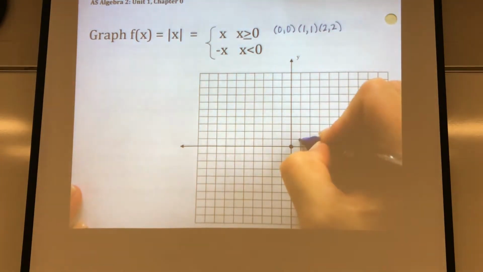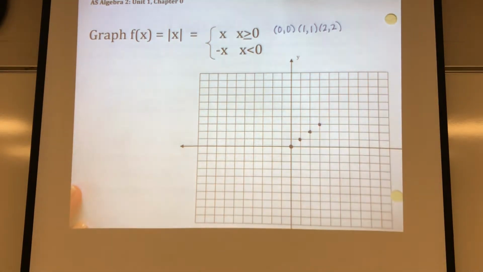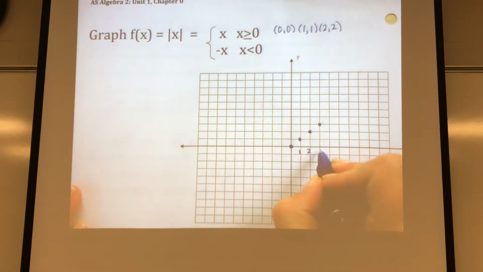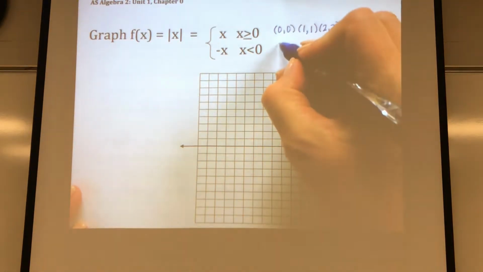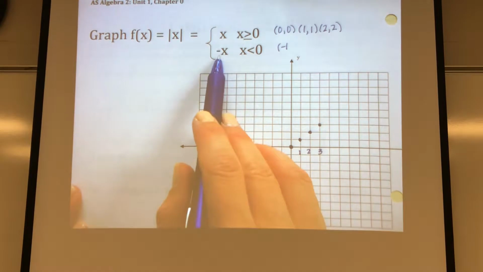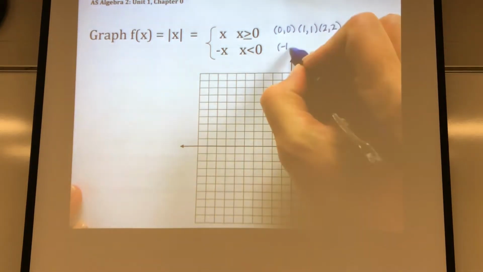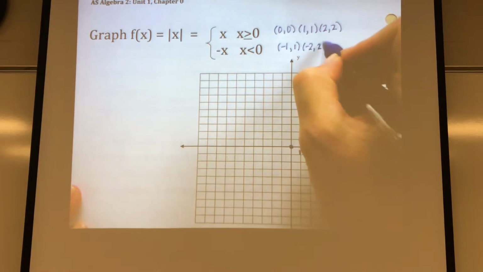So we have this pattern on the right side of dots, putting numbers in, getting that same value back out. Now on the other side, if we put a negative 1 in, that's less than 0, but we would need the opposite of it. So negative 1 would be 1. Negative 2, the opposite would be 2.